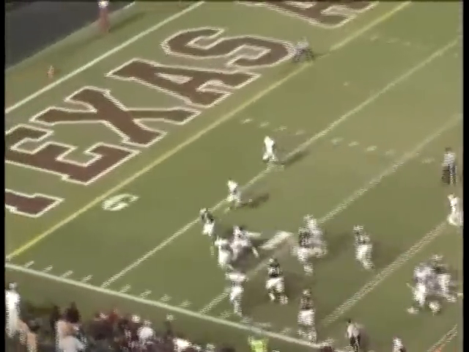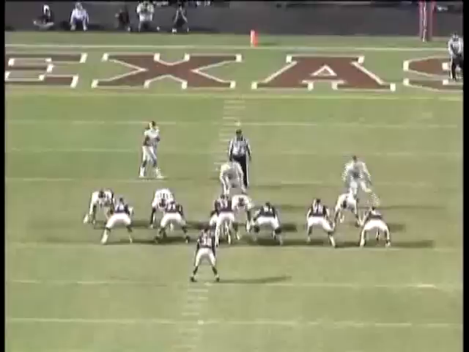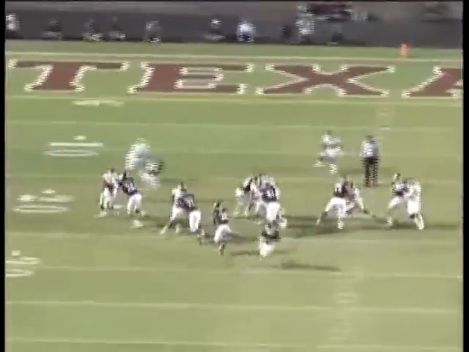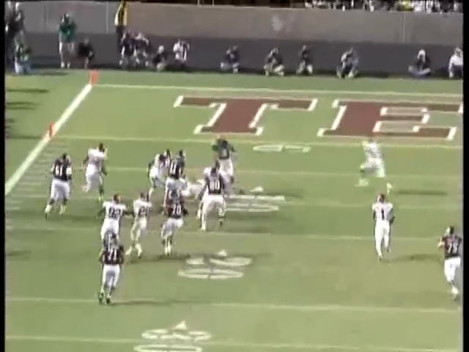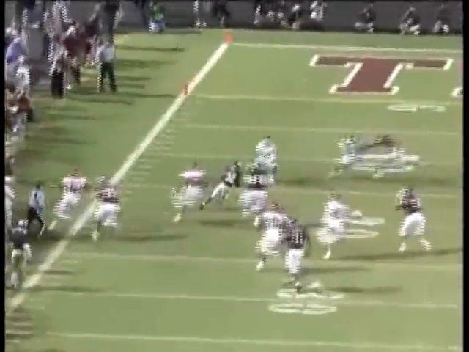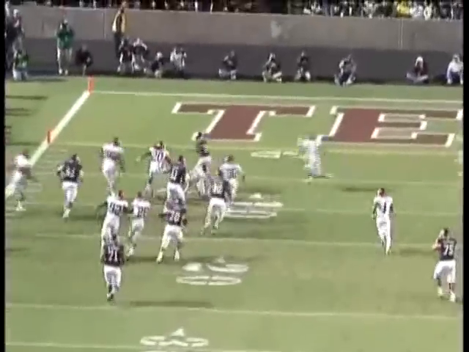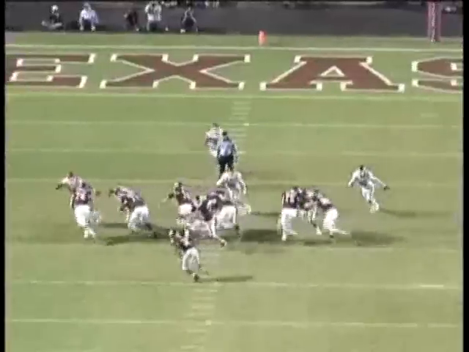Run your feet, displace the defense. That's a great job by our back. And that's a big play in a big game. We needed that play. You don't win that game without that play. And a lot of other plays, I understand, but that's a huge play.